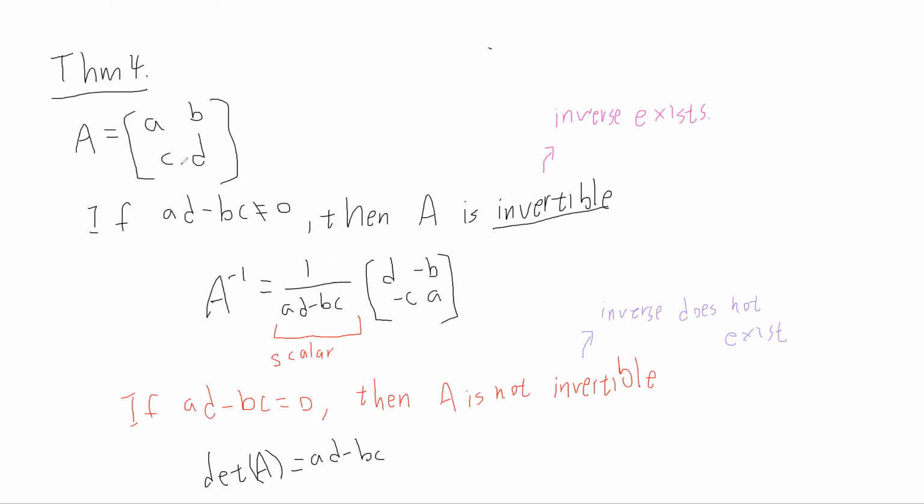Now, for a 3 by 3, the determinant is actually a little harder to find, but hopefully we won't get there yet. The idea of finding inverses is, again, in the beginning of linear algebra, our goal is to solve a matrix equation like this, AX equals B, where A is the coefficient matrix, X is your column matrix of all the variables, and B is your constants.